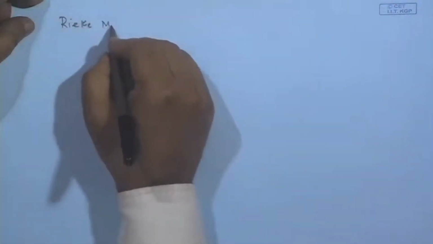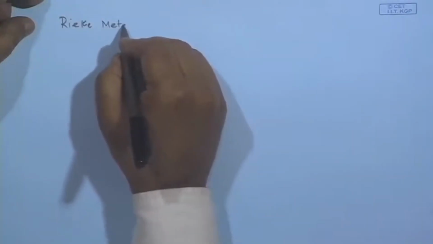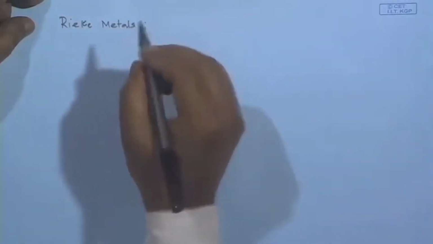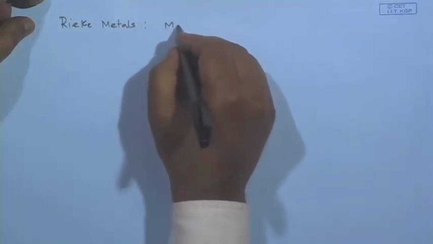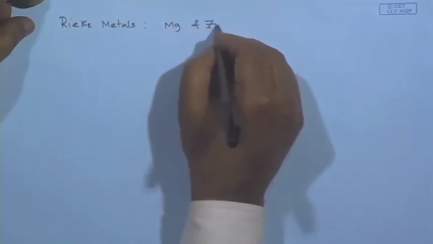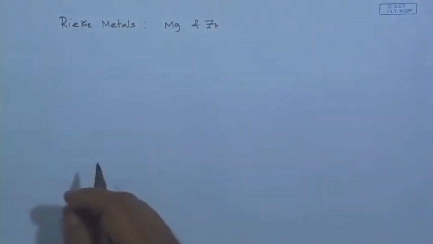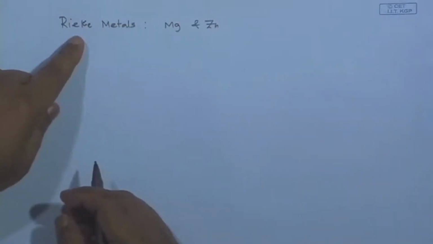Rieke metals. If you go to Wikipedia, they will say Rieke metals, but for us magnesium and zinc should be all right. Rieke is basically an organic chemist, and he is at the University of Nebraska, Lincoln, USA.